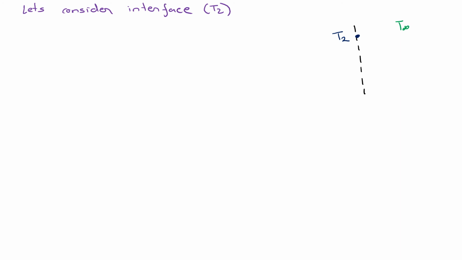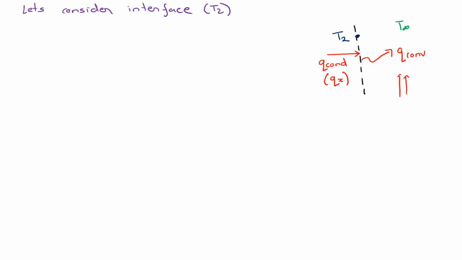We know that the left side of this particular surface is the cuboid, and there's heat transfer due to conduction in this direction, which is the qx that we computed just now, and there will be a Q convection, heat transfer due to convection, happening because of the temperature difference between T2 and T infinity.